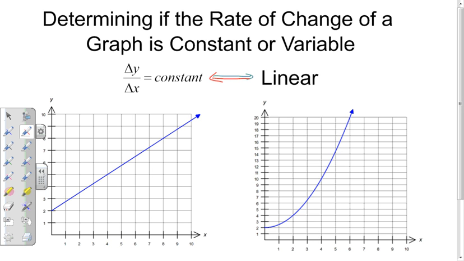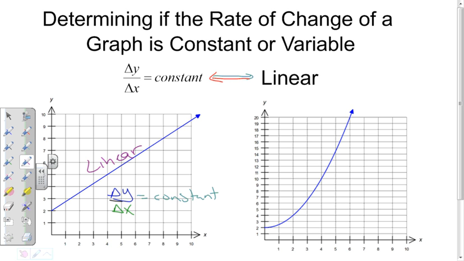Okay? In this one, just by looking, we see that it's linear. So that means delta y over delta x has to be constant. And I don't know what that constant is because I haven't done anything to find it, but I know that there is a constant for it.